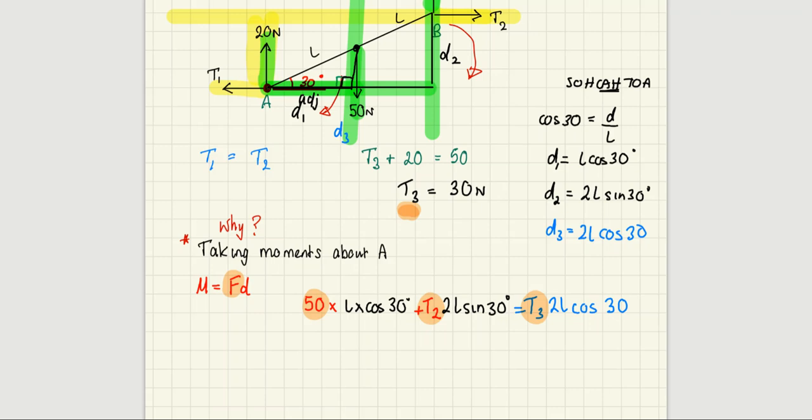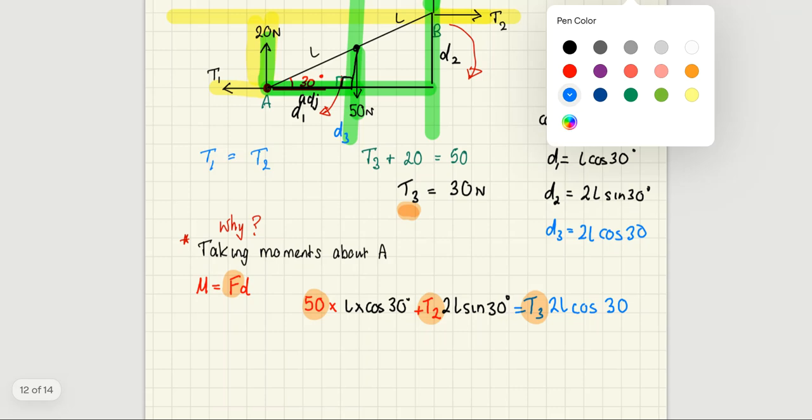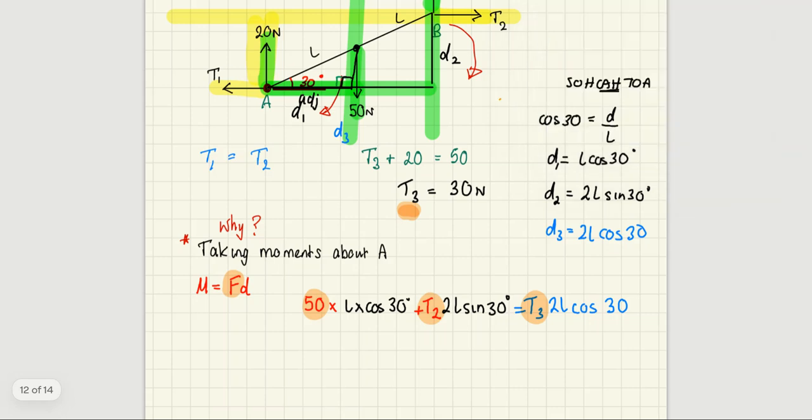Is there anything else we can do to simplify this? Well, you were mentioning a minute ago that L was a problem because we don't know L. Why is L no longer a problem? It's common, isn't it? It's in every single one.